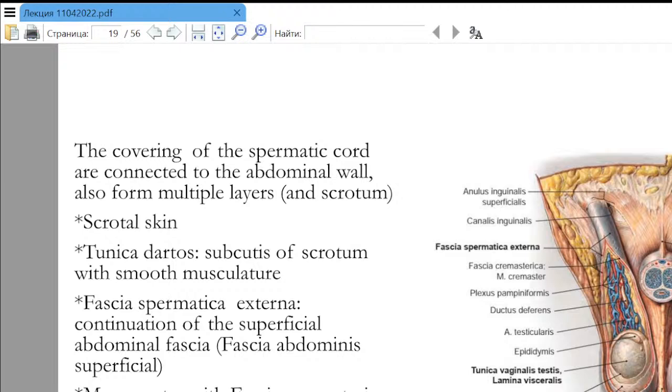The coverings of the spermatic cord are connected to the abdominal wall, and form multiple layers in the scrotum.